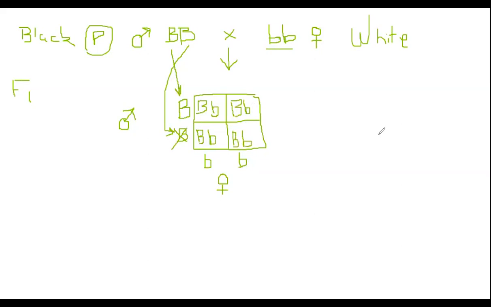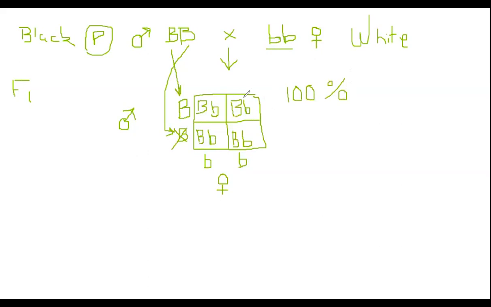Okay, so what proportion of the offspring as a result of this genetic cross will be heterozygous? Obviously 100%, all of them. 100% of the F1 generation will be heterozygotes.